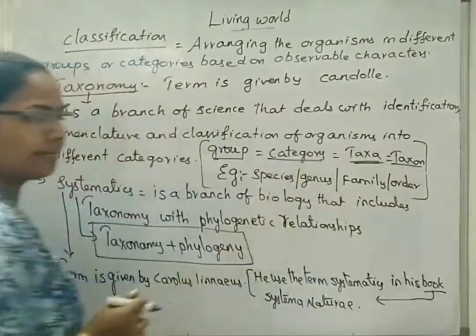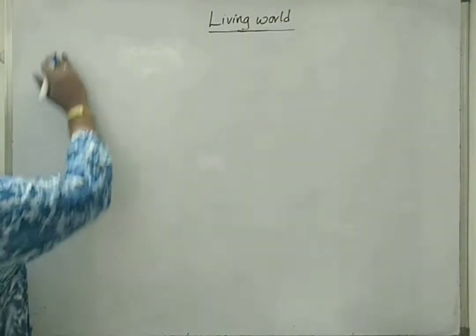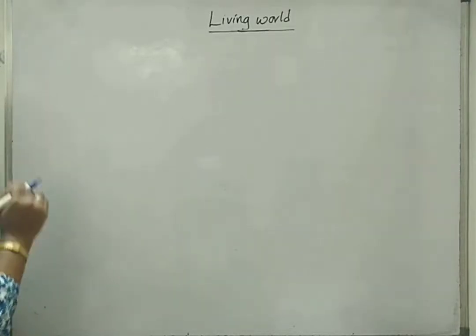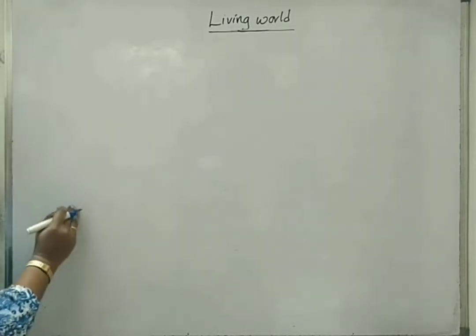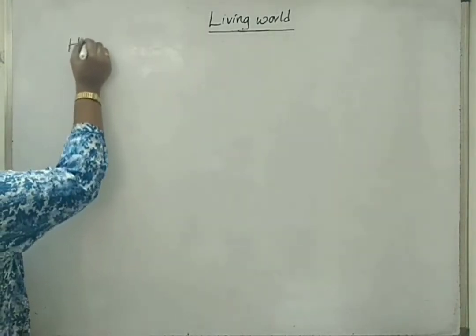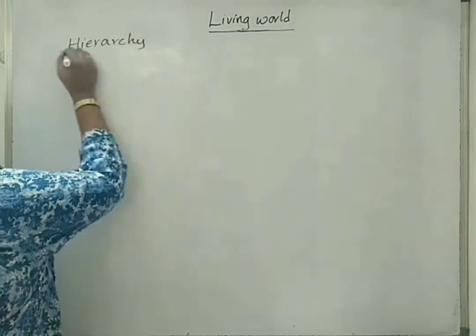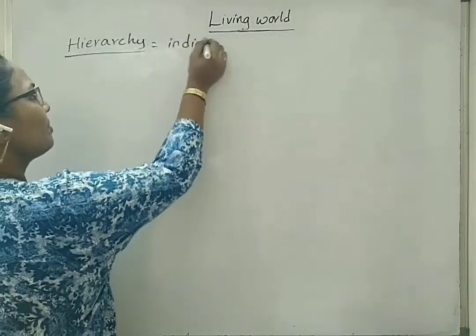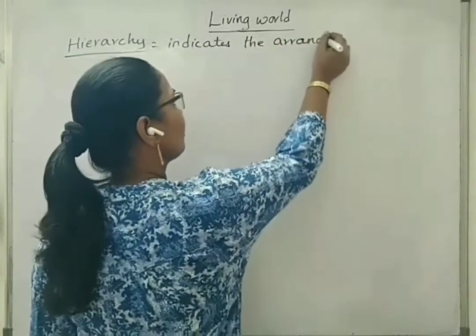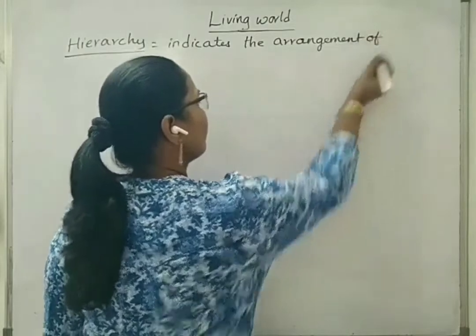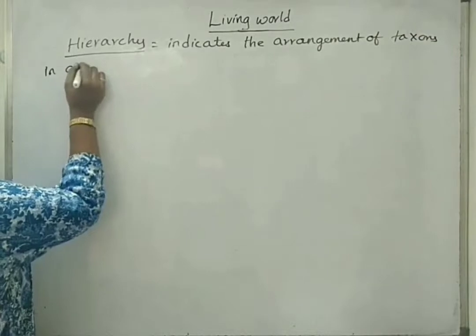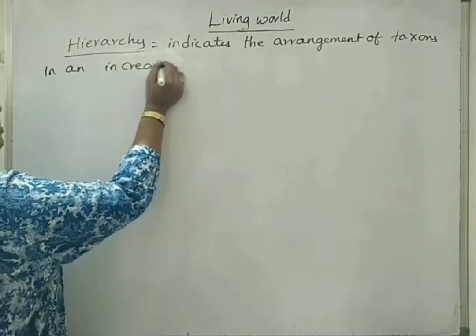When all the taxons or when all the categories are placed in an order, if the order is according to increasing category, then a term is given there as hierarchy. Hierarchy indicates the arrangement of taxons in an increasing order.